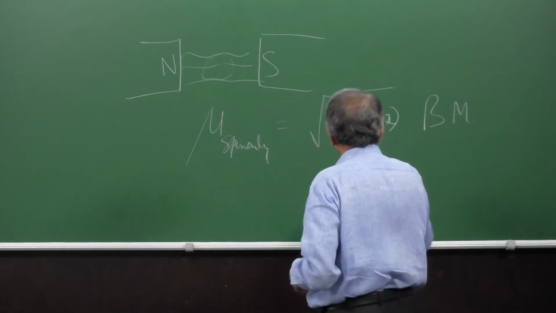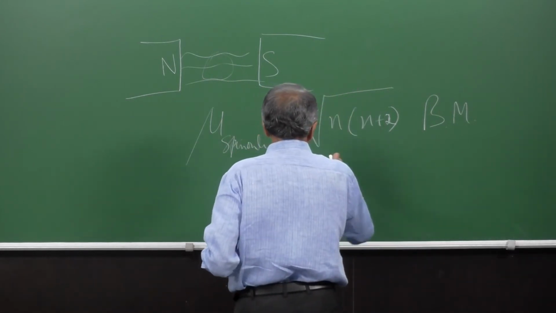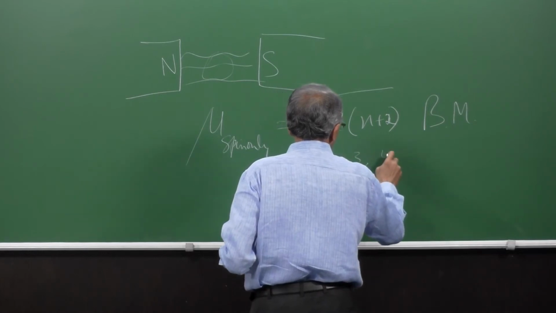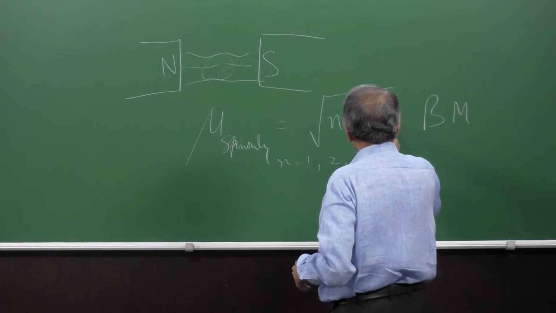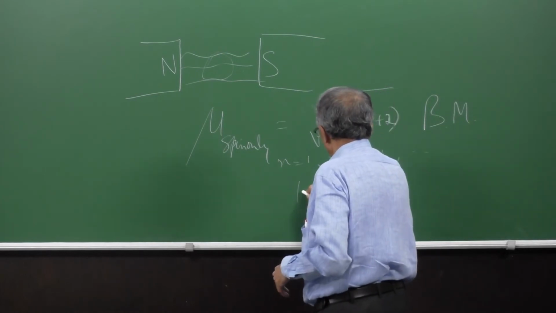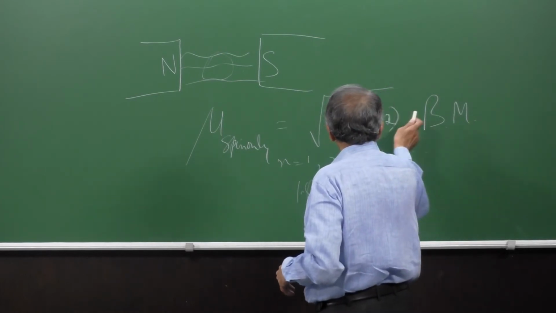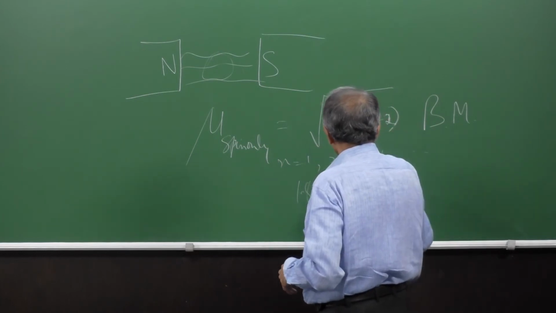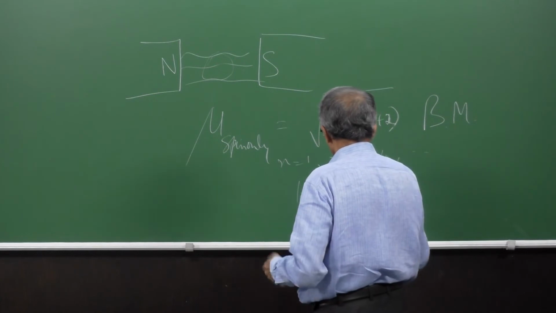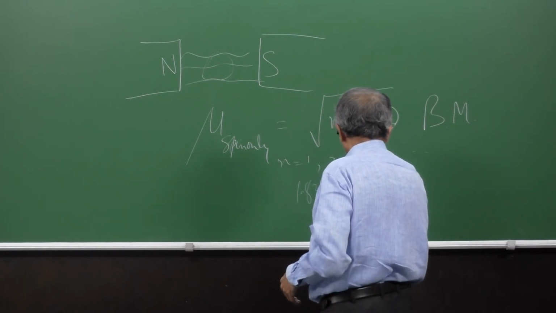Now if I put n equal to 1, 2, 3, 4, etc.: for n equal to 1, it is 1 into 3, the square root of 3, which is 1.73. For 2, it is 2 plus 2, 4 into 2, 8, the square root of 8, which is less than 9, so it is 2.83, in that range.